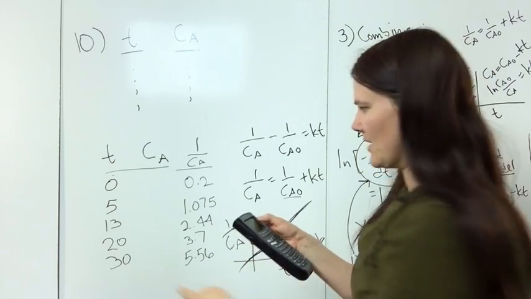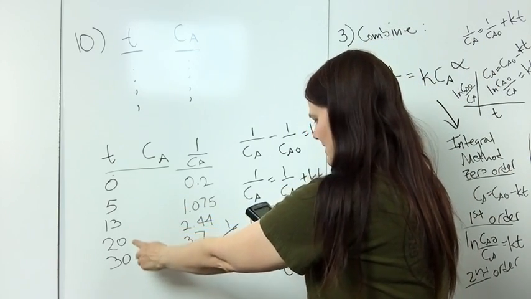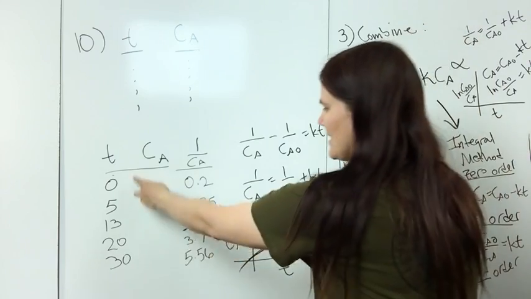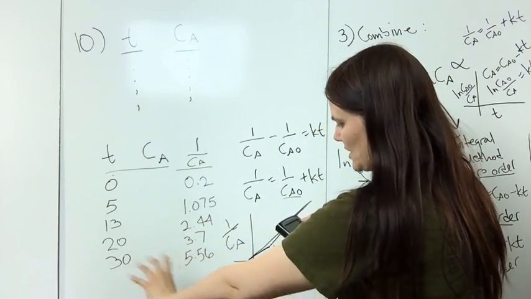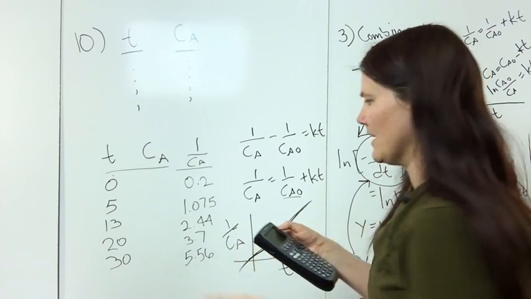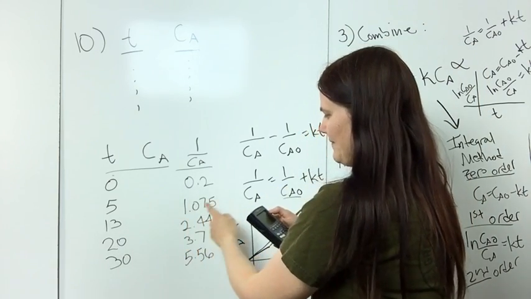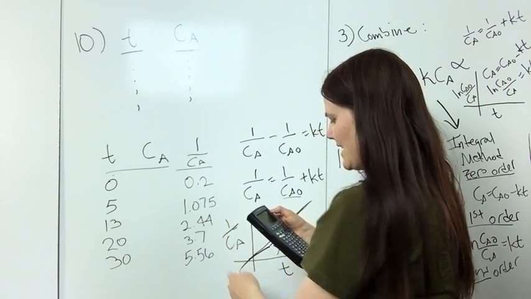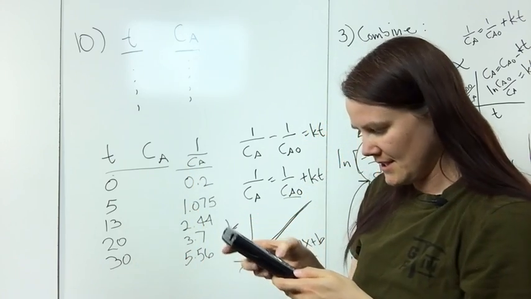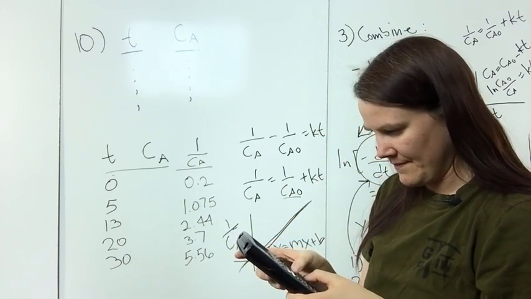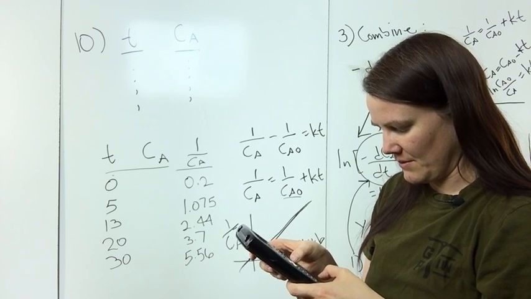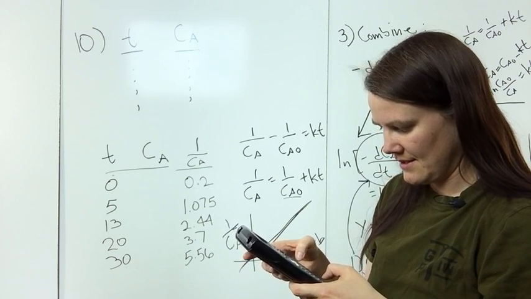I put t in C1 and 1 over CA in C2, and this corresponds to x and this corresponds to y. So the first one would be C1, and the second one would be C2.